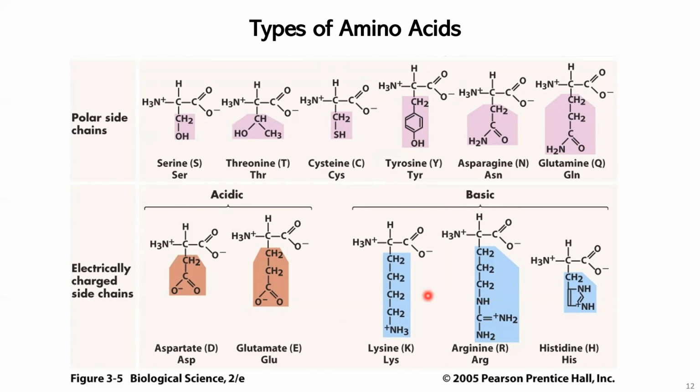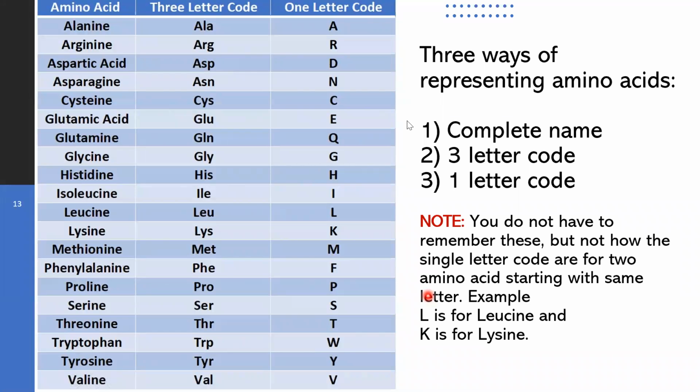Again, there is no need to remember these, but if you are doing a bachelor's in biology or biochemistry, you would automatically use them so many times. With biochemistry especially, you would remember them. I remember all of these.